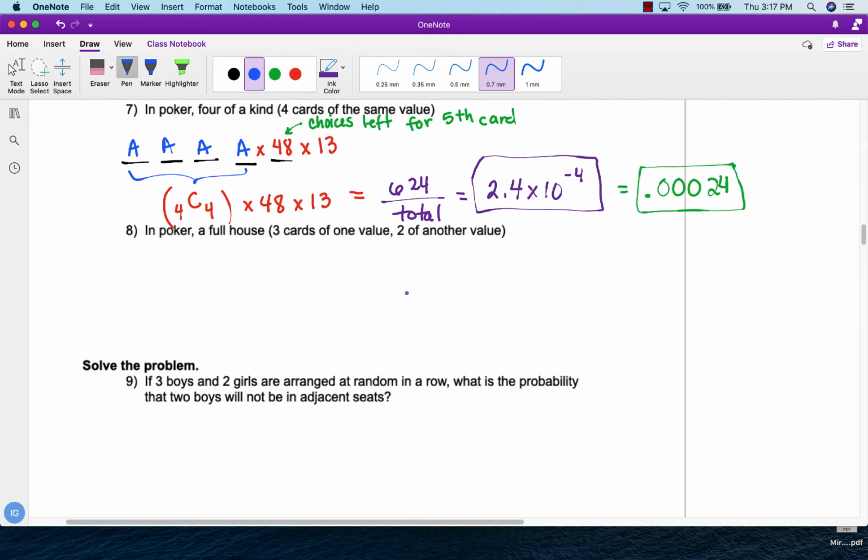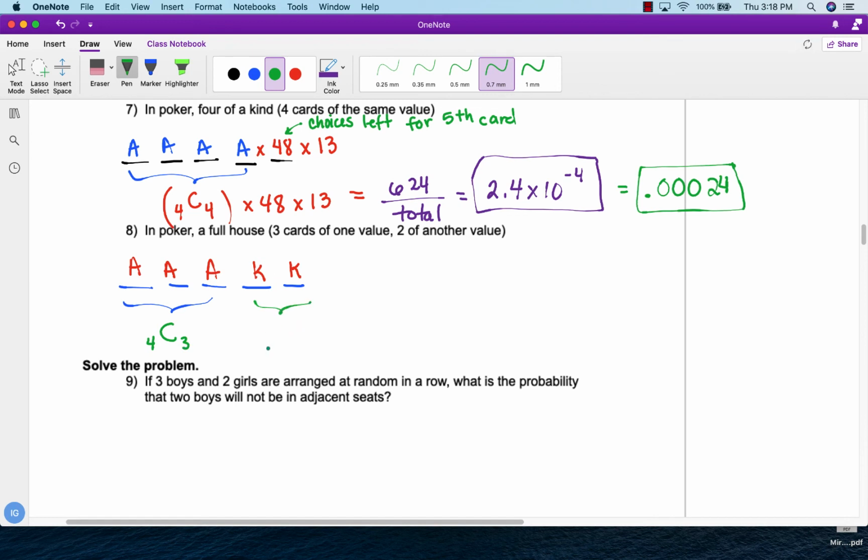Alright, next. Full house. Now we want to know the probability of getting a full house, which is 3 cards of one value and 2 cards of another value. So if we have 1, 2, 3, 4, 5 cards, for example, what if we get an ace, an ace, and an ace, and then a king and a king? That we actually have a really nice full house, right? So basically, here we're choosing, remember there's 4 aces, you're choosing 3.